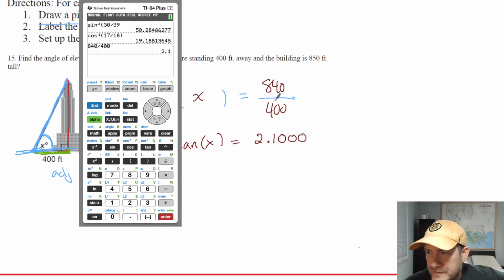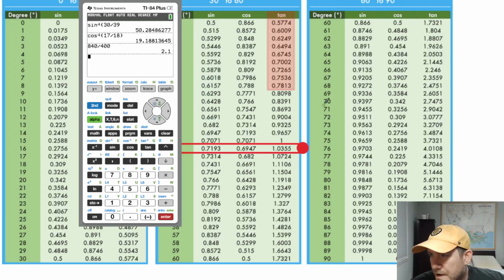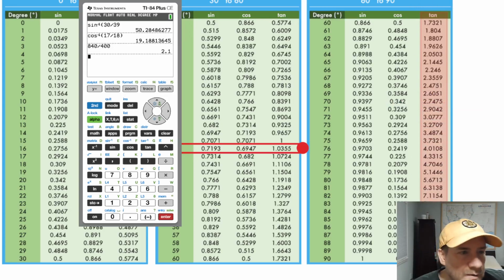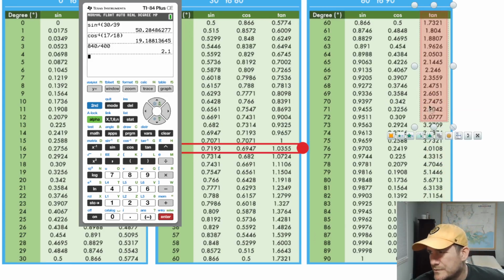But now we go hunting for that decimal on our trig chart, 2.1. And of course, remember, we're going to be looking through the tangent column, not sine or cosine. But it looks like we're way over here, because this is where these things are getting bigger, bigger, bigger. But what are we looking up? 2.1? So 2.1 would be here, between 2.0 and 2.144.